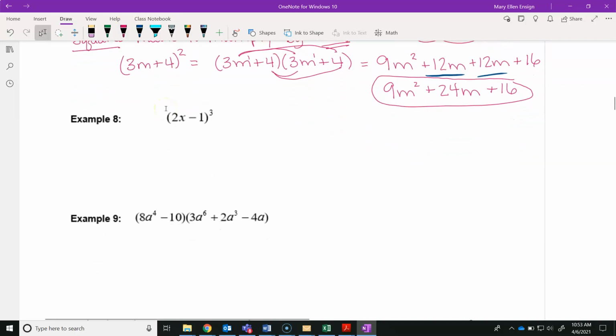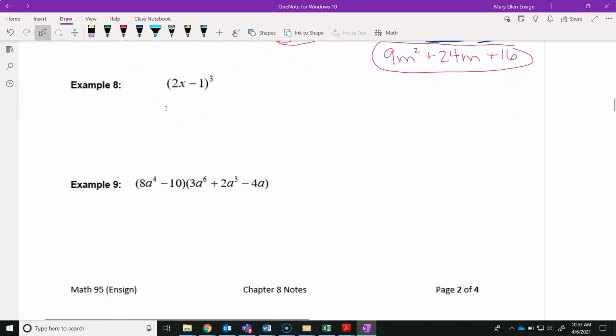Okay, so moving on to number 8. It's similar, right? 2x minus 1 is cubed. Again, what that means is 2x minus 1 multiplied by itself 3 times. And the way we deal with multiplying more than one expression together is by taking 2 at a time, any 2 at a time.